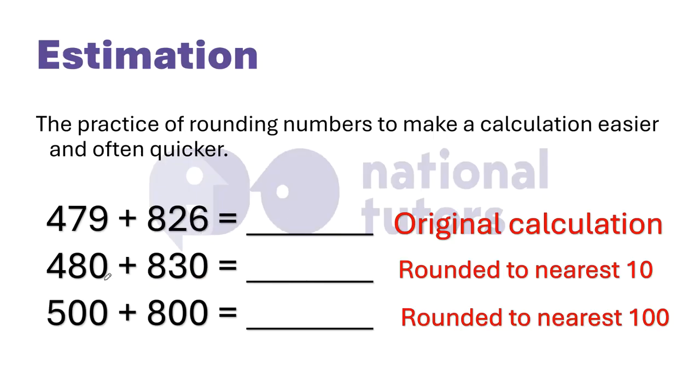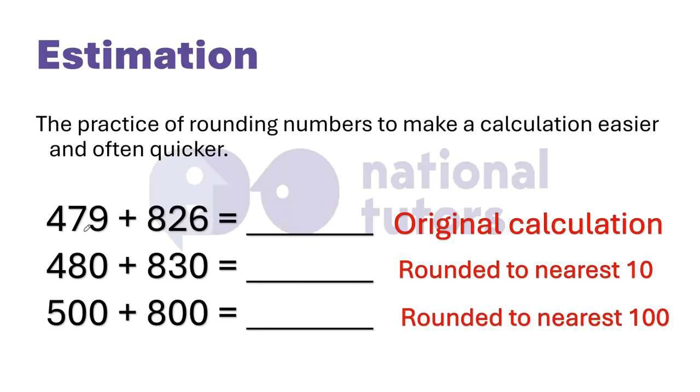So 480 add 830 will give me an answer of 1,310. Now that's not very far away from our original answer of 1,305. That's actually very close indeed. And that is often the case with estimation.